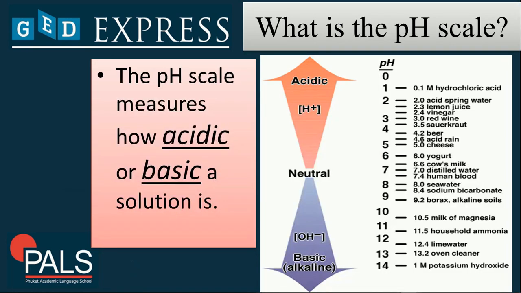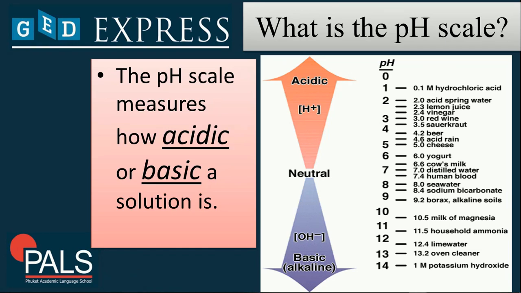Now, we have a quick review of what the pH scale is. The pH scale measures how acidic or basic a solution is. The range is primarily from 0 to 14. 0 to 6 is acidic, and 7 is considered neutral.